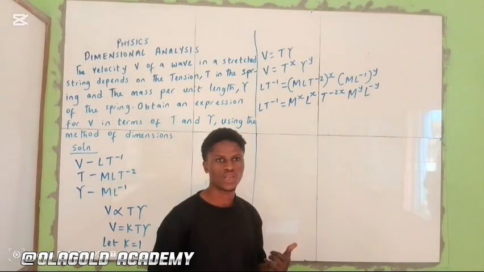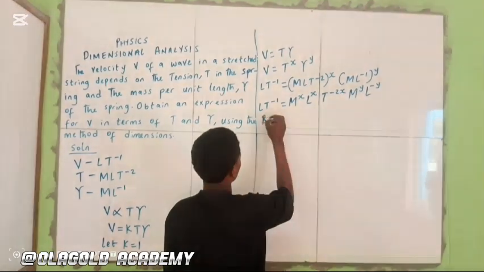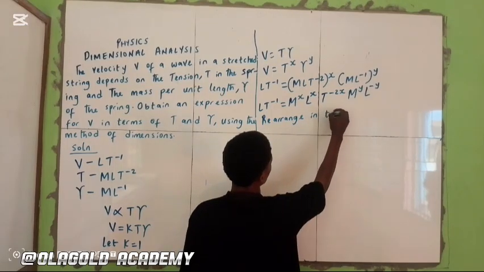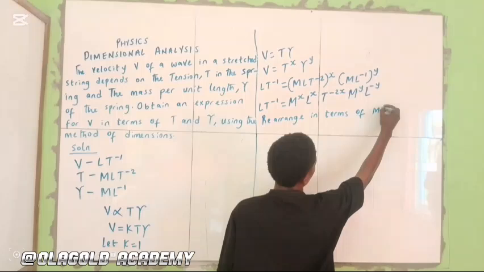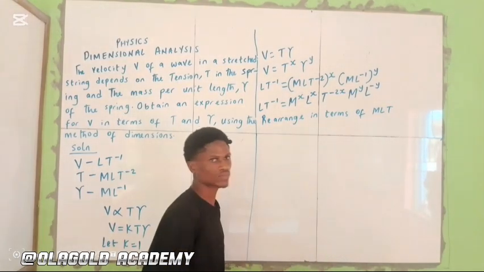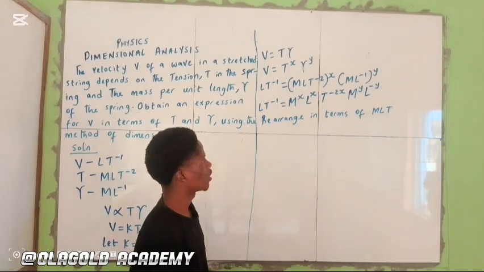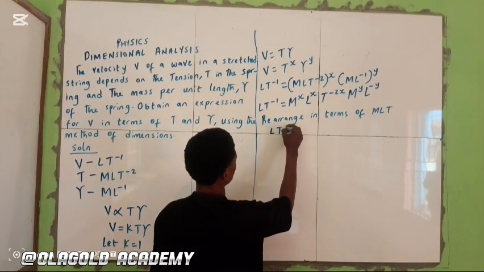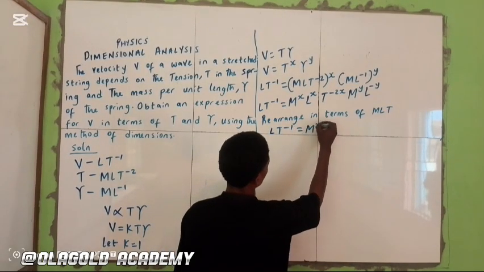So the next step here is to rearrange in terms of MLT. So we're going to have our LT raised to the power minus 1 equal to M raised to the power x.